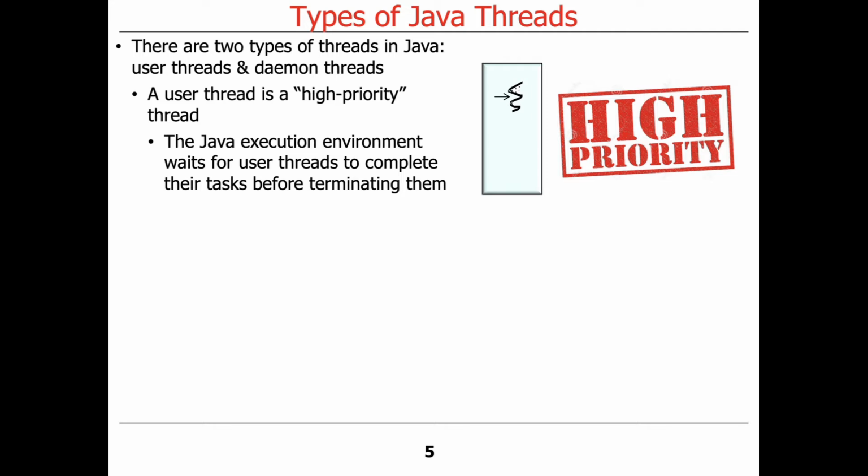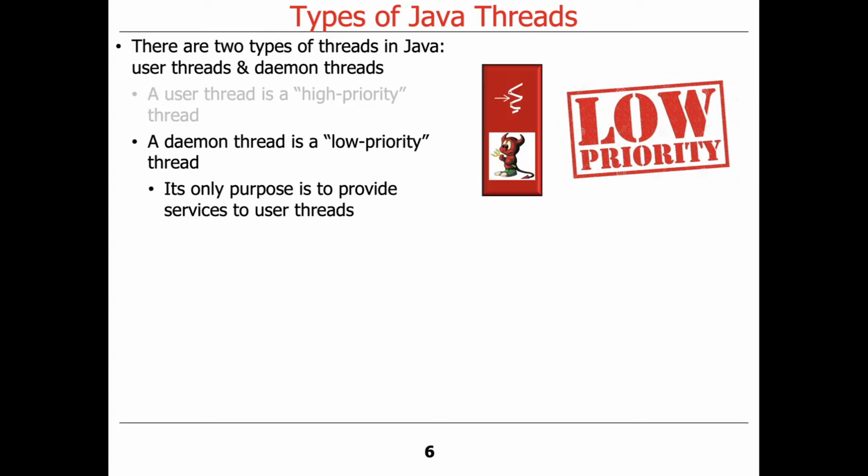So if you have a process with 4 user threads in it, then when all 4 user threads have terminated, then the process will terminate. And by the way, the default thread, which is typically called the main thread, is a user thread. So when the main thread goes away, if there's no other threads that are user threads, then the process terminates. If there are other user threads that are still running, the process does not terminate.